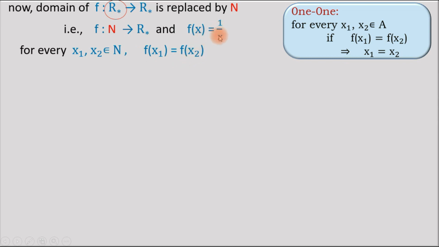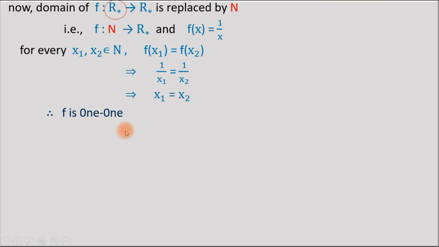Since f of x equals 1 by x, this implies 1 by x1 equals 1 by x2. Take reciprocal, this becomes x1 equals x2. Hence the condition of a 1-1 function, f of x1 equals f of x2 implies x1 equals x2. This function is 1-1. So this function is 1-1 when we replace domain R star by N.